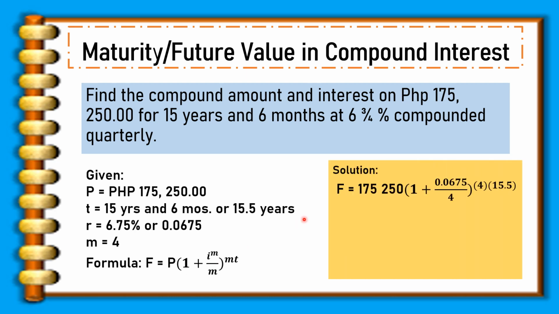For the solution, replace P by 175,250, replace i raised to m by 0.0675, replace m by 4, m by 4, and t by 15.5.